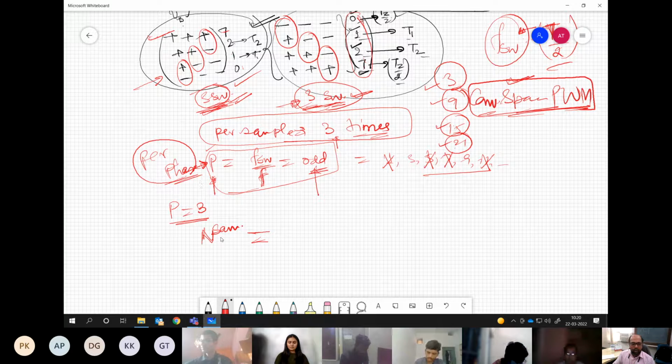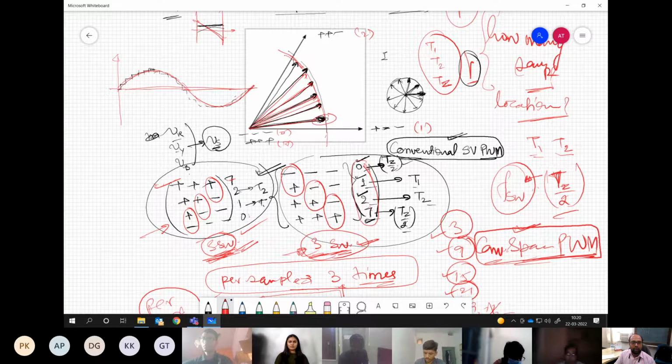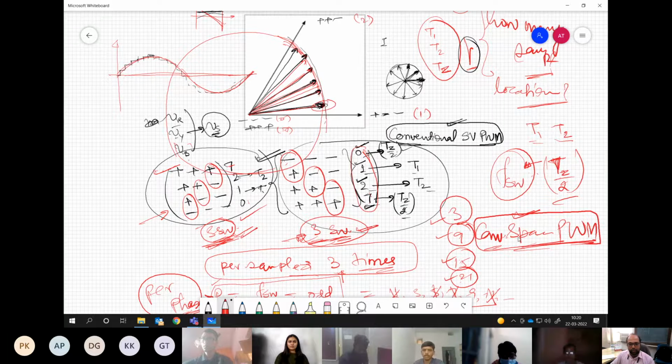Which means the total number of switchings happening in the complete 6 sectors. The complete circle, if you form over here, there will be 6 sectors, and in all the places there will be some switching happening. Now we are trying to correlate with that.